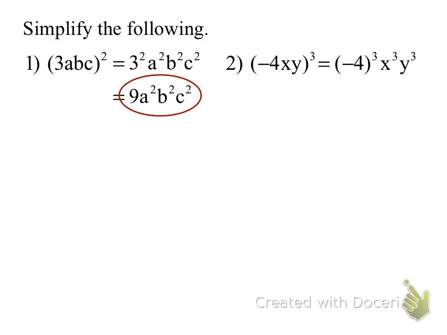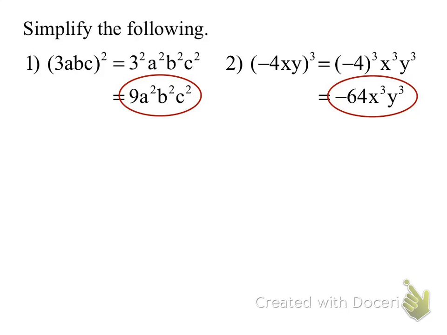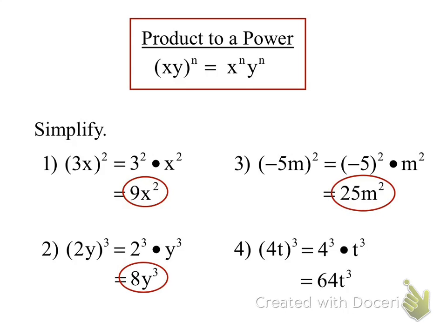And negative times negative times negative makes a negative. So in this case, it's -64. Questions?